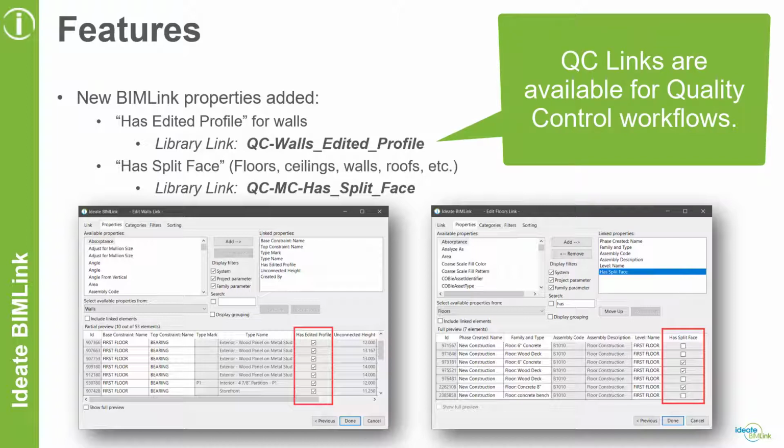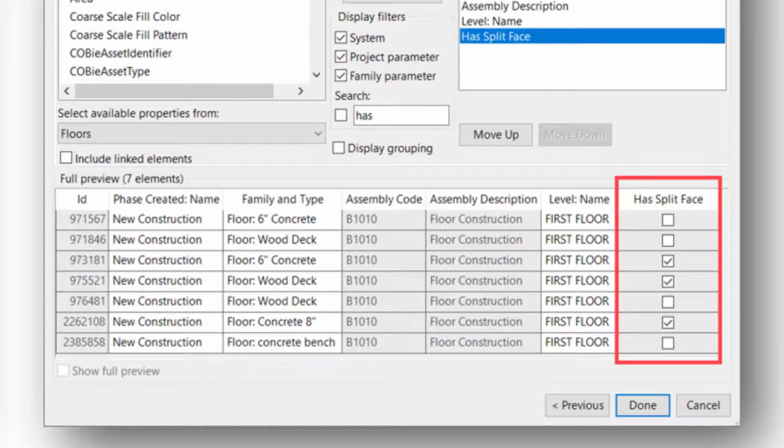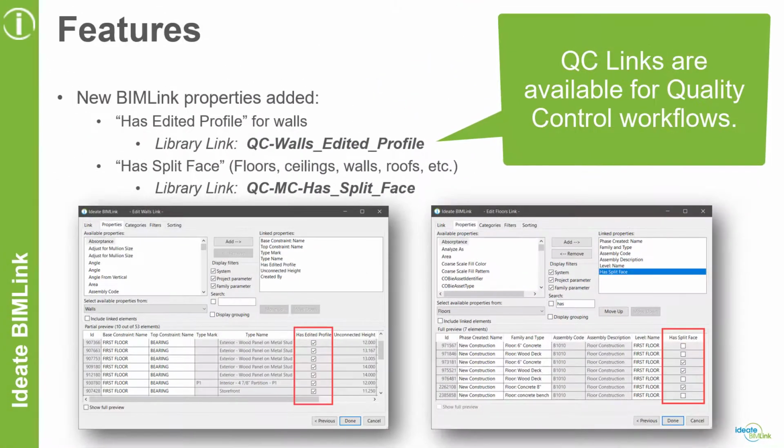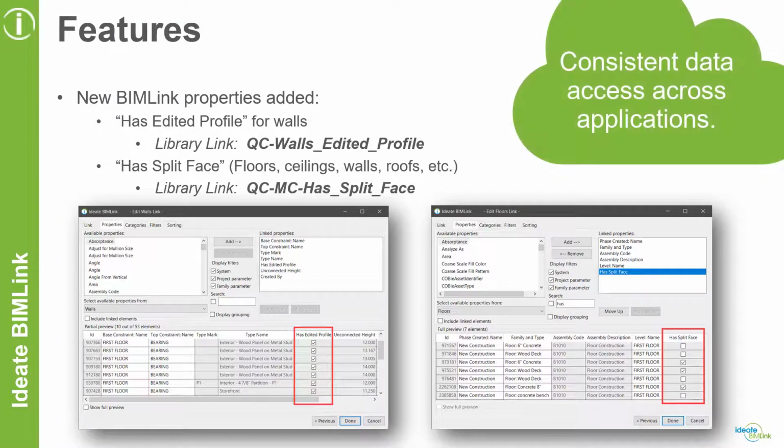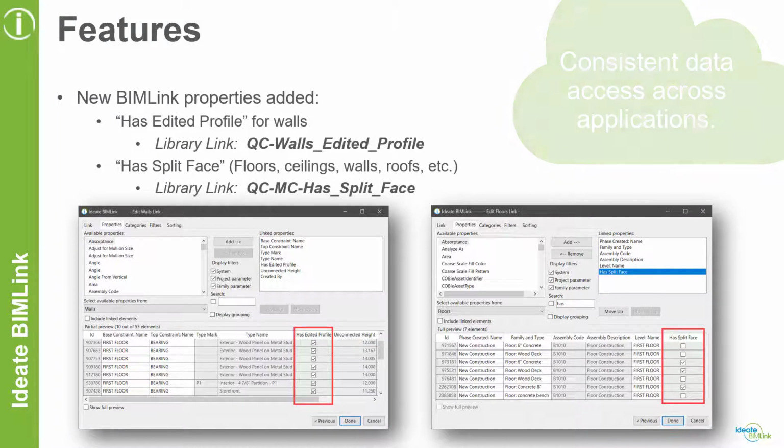In addition, another property named Has Split Face is also available with a corresponding library link named QC-MC-Has_split_face. This property can be added to any category that supports the split face tool, such as floors, ceilings, walls, and roofs. These 2 newly added properties are also available in ID8 Explorer via the ID8 Query tool.